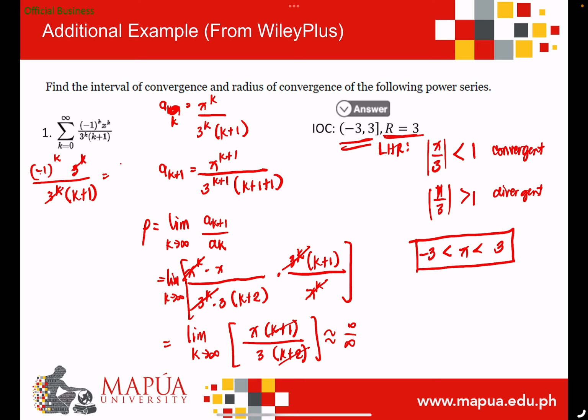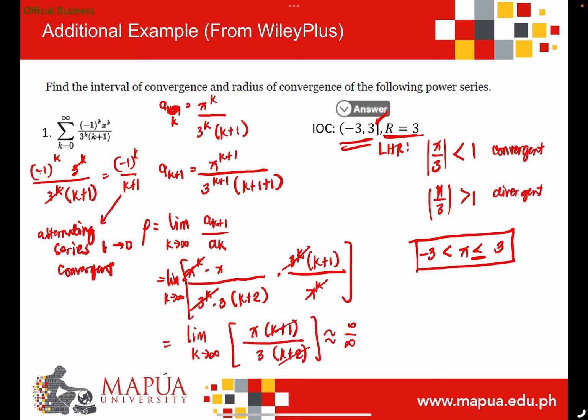So this becomes -1 raised to k over k plus 1. So this is an alternating series, and this is decreasing and it is approaching 0. So it is convergent. So +3 is included.